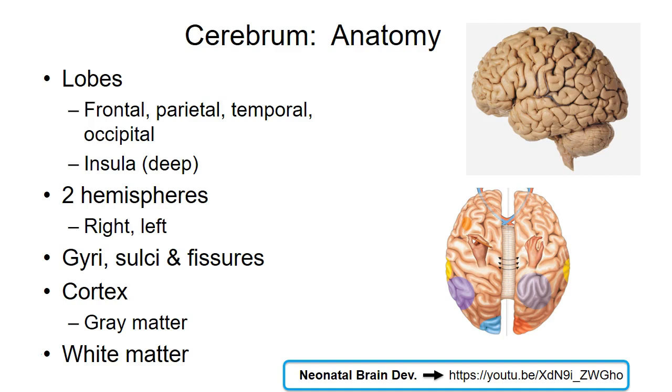Now, what about the white matter? What types of structures would we find in the white matter? Myelinated axons, right? Same thing that we saw with the spinal cord, we see here with the brain. Gray matter contains the non-myelinated structures, largely cell bodies, dendrites, and so forth.